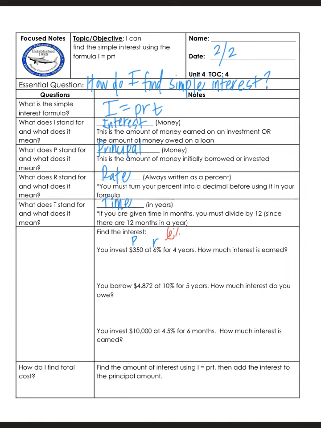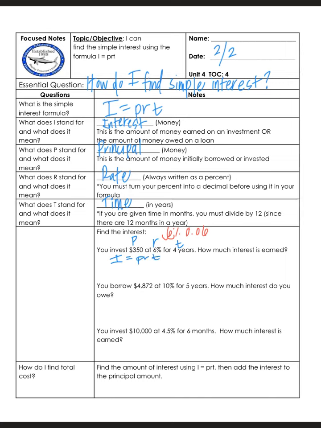I'm going to move the decimal point 2 spaces to the left, and it becomes 0 and 6 hundredths, or you can just say 0.06. And then our amount of time is 4 years. So I'm going to put a T right there. Okay, so our formula is I equals PRT.